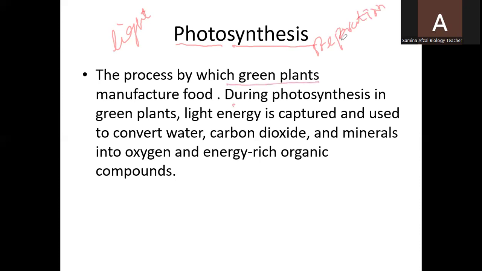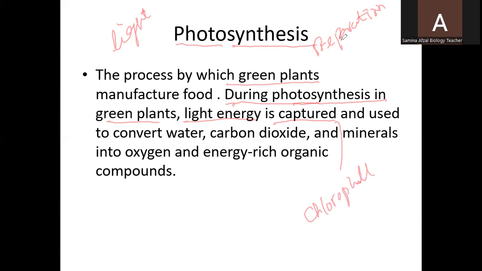During the process of photosynthesis, the green plants use the light energy, which is captured by the chlorophyll. Chlorophyll is a green pigment which is present only in green parts of the plants.